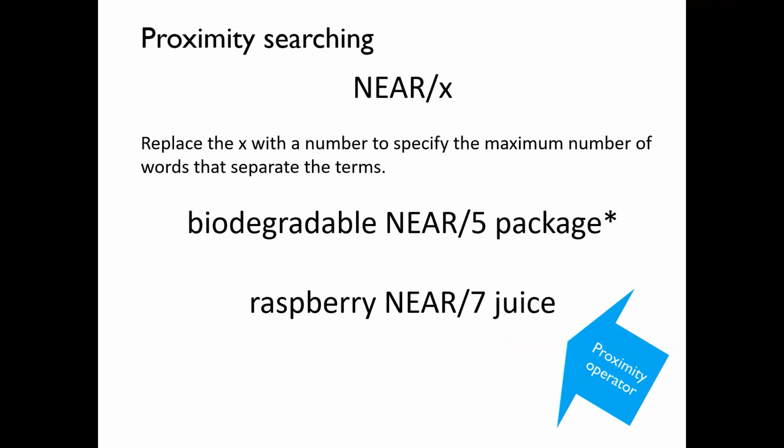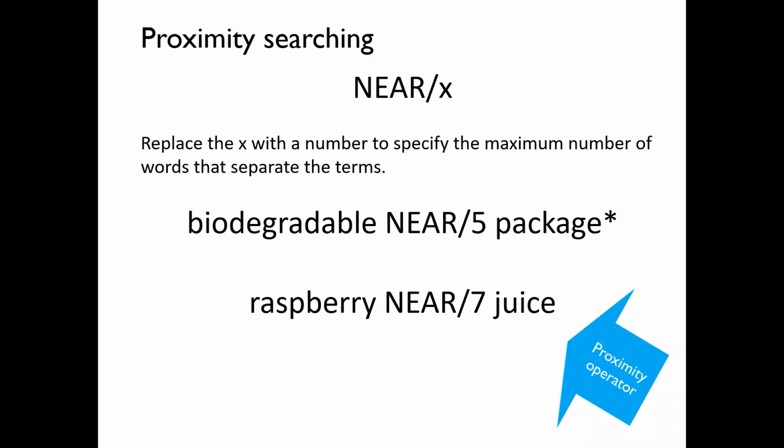So the way that we run a proximity search on the Web of Science platform for FSTA is use the operator NEAR/x. And x, you don't type x, you type a number there. And that number can be any number that you think is appropriate. So we could use it to type.